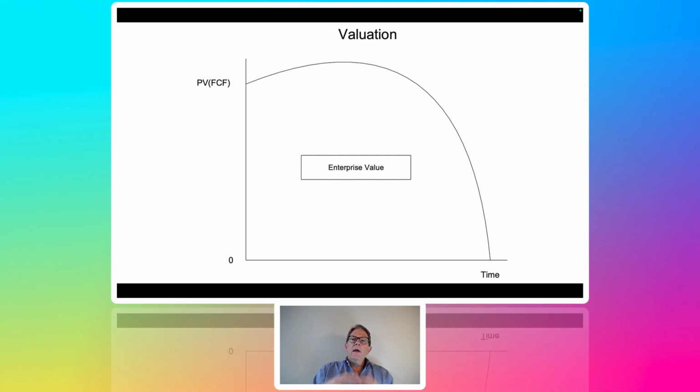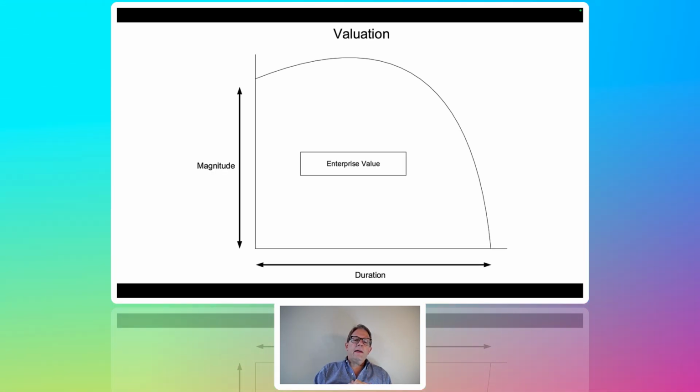So this is the big breakthrough I had a few years ago, and I started to model it that way. And if you think about it this way, now you have the magnitude of the cash flows, and you have the duration. So we're starting to capture the three drivers of a valuation model, which is magnitude of the cash flows, duration of the cash flows, and then growth of the cash flows, which we'll add in.